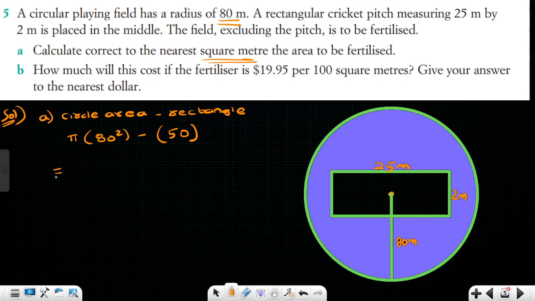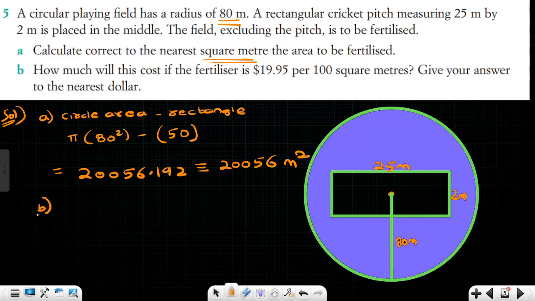Calculating it, I am getting this answer as 20056.192. They want the answer to the nearest meter, so it will become 20056 square meters.